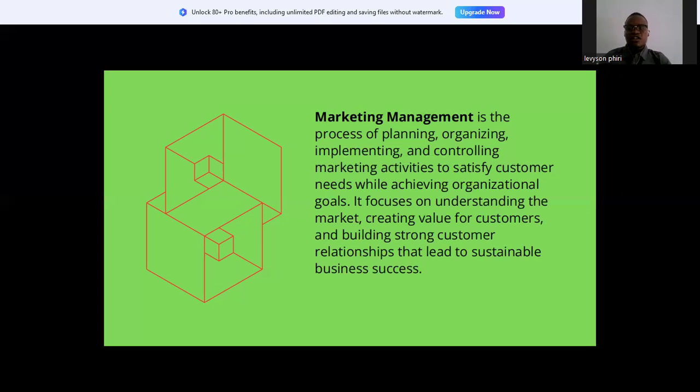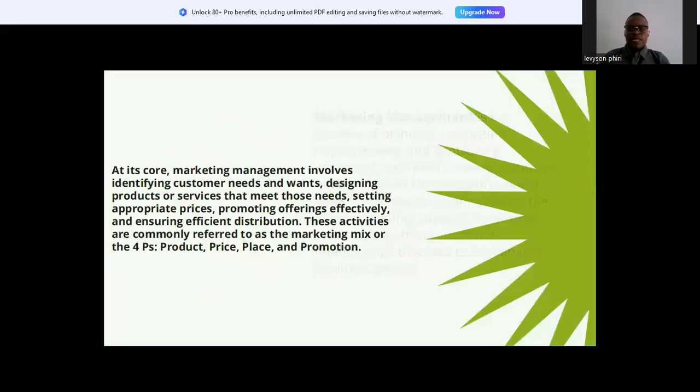You're marketing the brands of your company, the products, as well as managing that company, so that the consumers and clients will be able to see the clear picture of what you are doing. So that's marketing management.